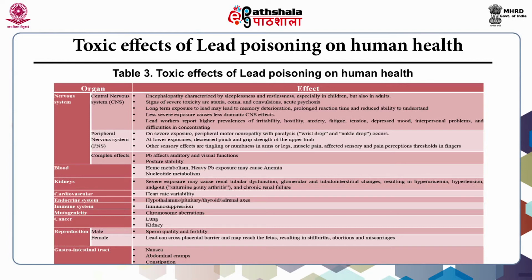Heavy lead exposure may cause anemia and also affects nucleotide metabolism. Lead has its effect on the kidneys also. Severe exposure may cause renal tubular dysfunction, resulting in hyperuricemia, hypertension and gout, and chronic renal failure may also occur.